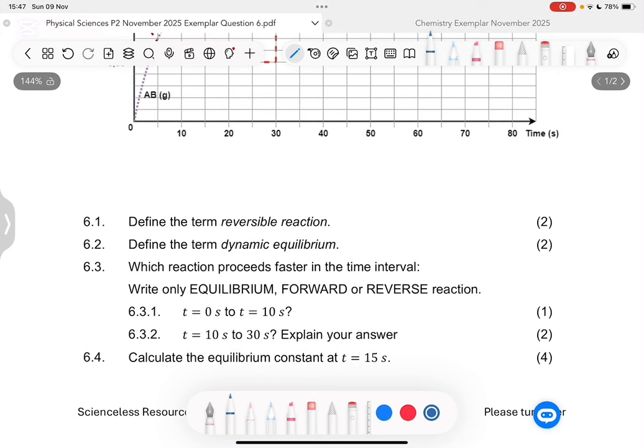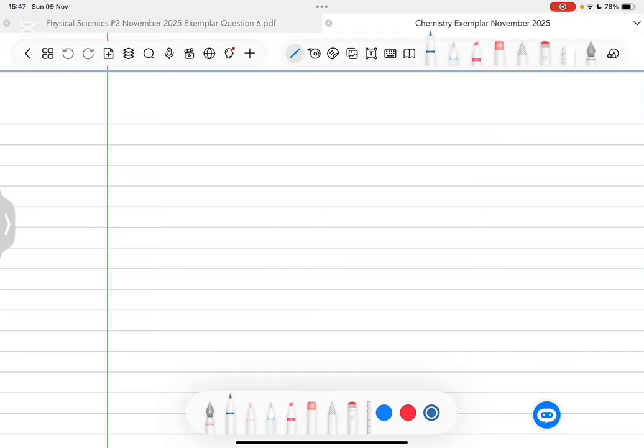The first question says to us here, 6.1, define the term reversible reaction. I think in my interpretation already I spoke about reversible reaction. It makes sense for the examiner to ask me this question because that beautiful diagram speaks to that.